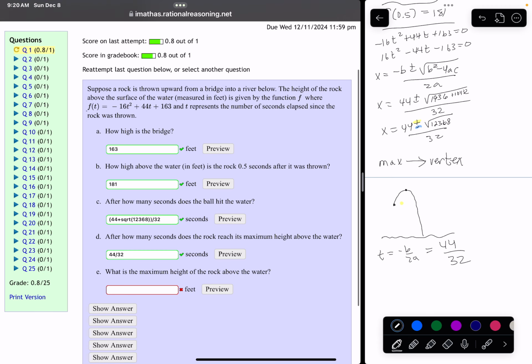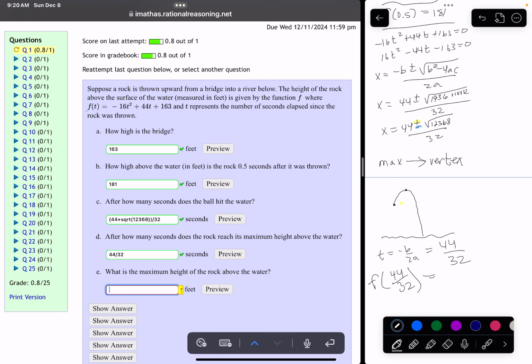Okay, now what is the maximum height? Well, the maximum height, the maximum value of whatever your function stands for, in this case feet, is the y value that goes with the t value we just found. Now, it would be f of 44 over 32, but since iMath doesn't care if we just plug in the whole thing, if it doesn't use the word round, let's just plug it all in.